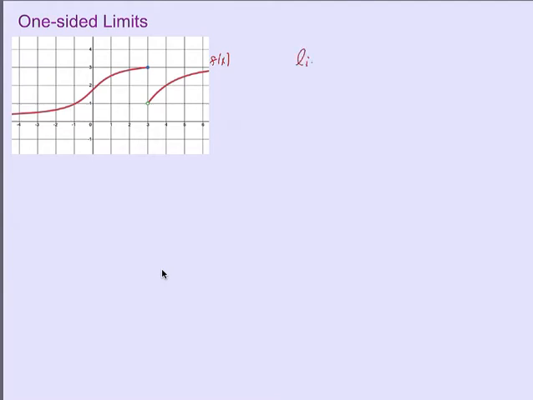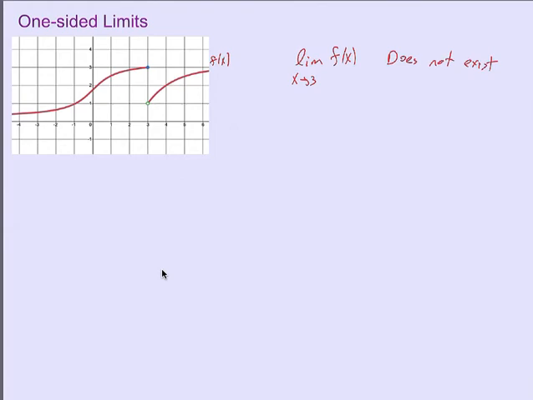The limit of this function as x approaches 3 doesn't actually exist. The y value isn't getting closer and closer to any one thing, because here it's getting close to 3, here it's getting close to 1. So we would say that limit does not exist. Sometimes you can say DNE.